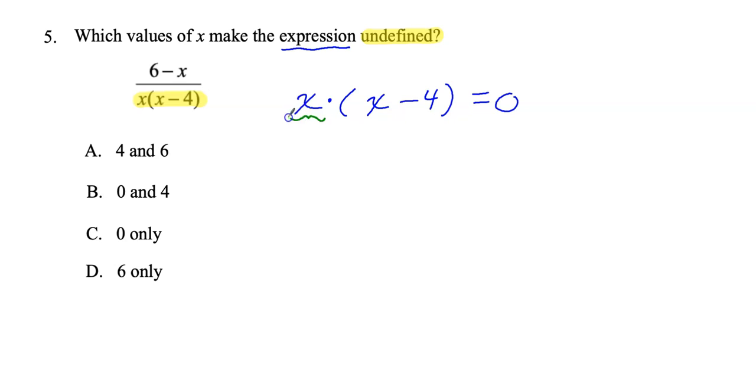This is one factor, so I could set this equal to 0. I will write that down. And I can set the other factor equal to 0. This is the other factor, x minus 4. So I will set x minus 4 equal to 0.